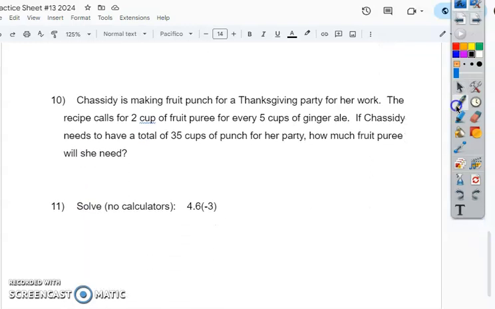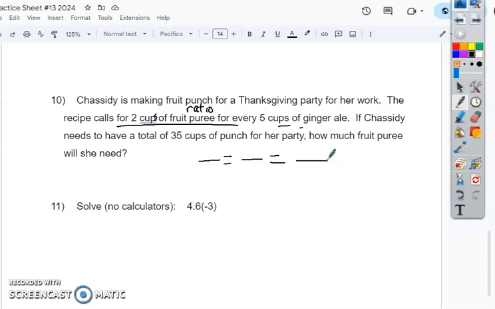This says, Chastity is making fruit punch for a Thanksgiving party for her work. The recipe calls for 2 cups of fruit puree for every 5 cups of ginger ale. So right here, guys, I already see this is a ratio. Okay, ratio or rate. This is probably going to mean a proportion if I were to guess.